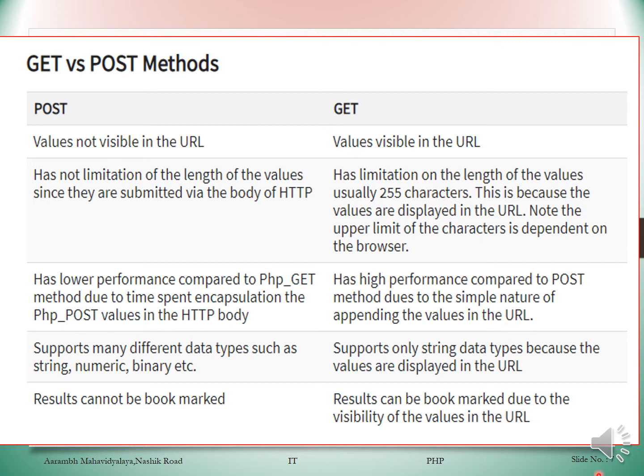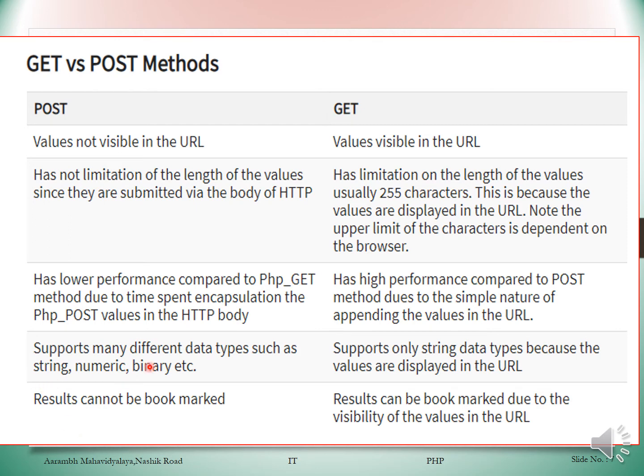Now why does the get method have higher performance? Because the time required to perform the specific activity or processing is less as compared to the post method. Therefore the get method has high performance and the post method requires more time, so it is less efficient as compared to the get method.